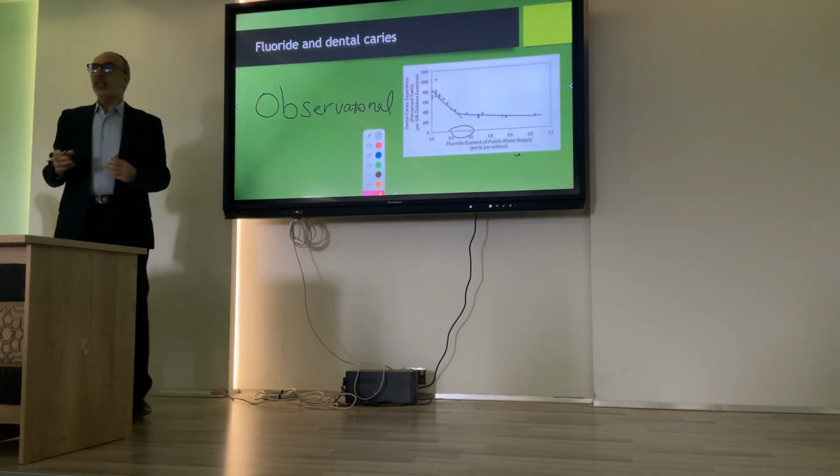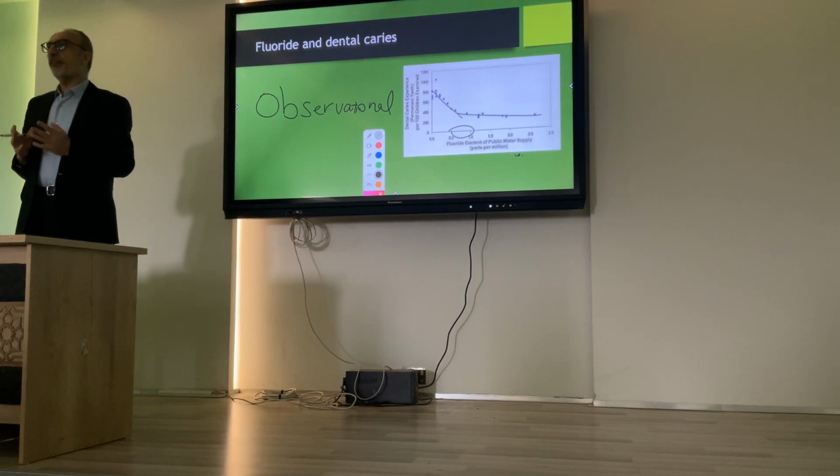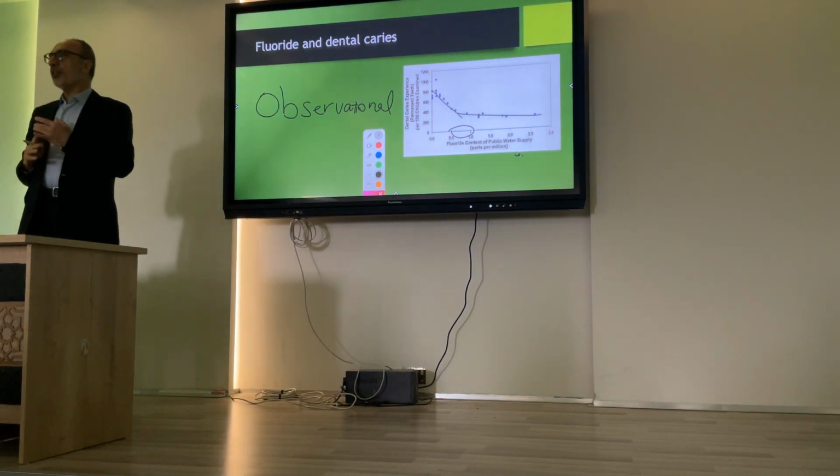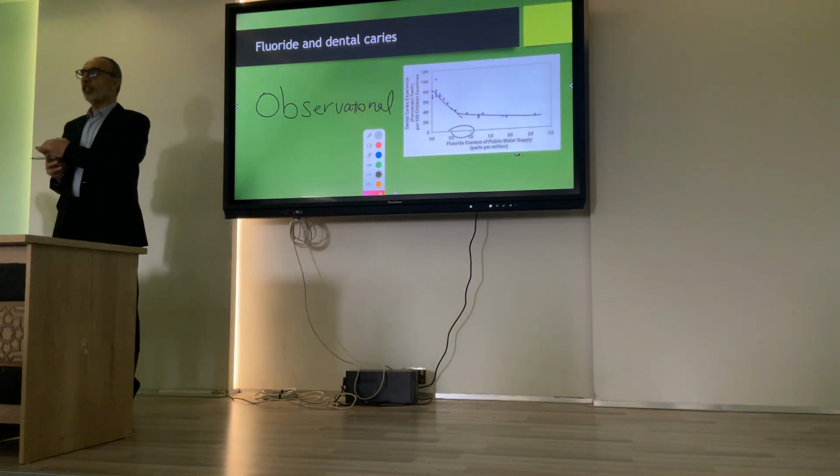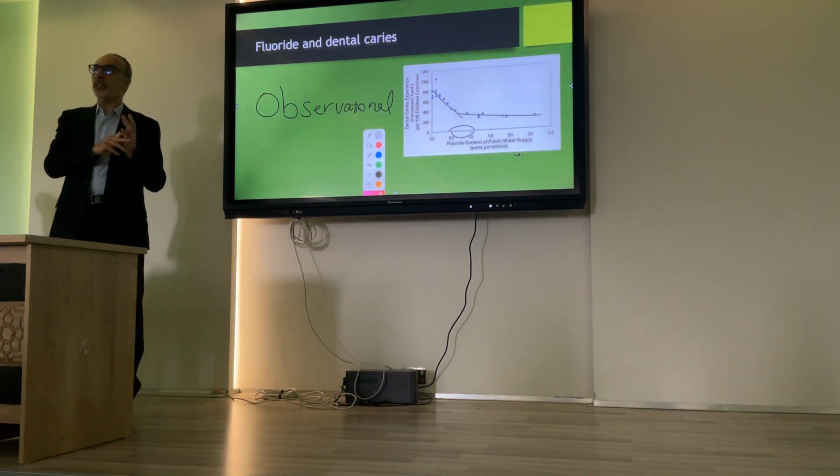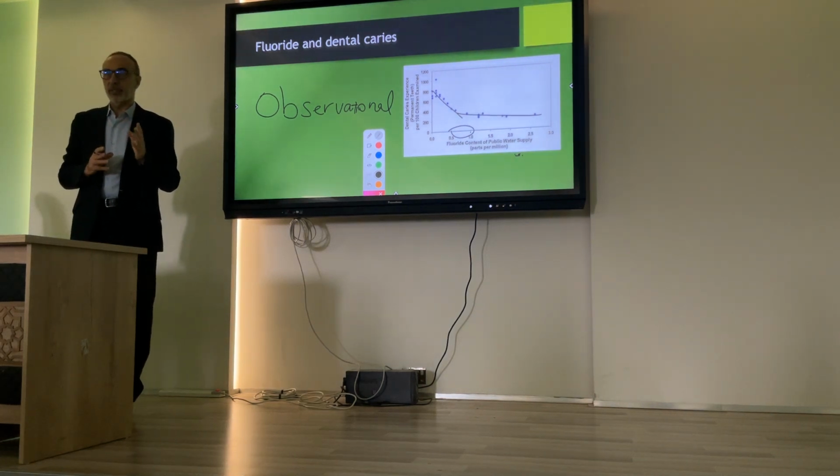Observational means that the researchers just observe the situation. The researchers just measured the concentration of fluoride in water, and they just asked the people about the number of teeth that have any problems. This is observational.